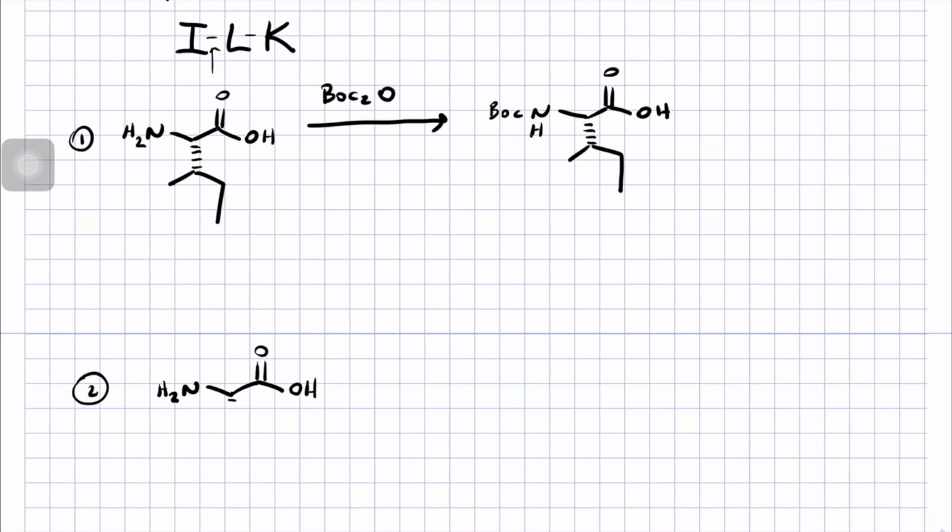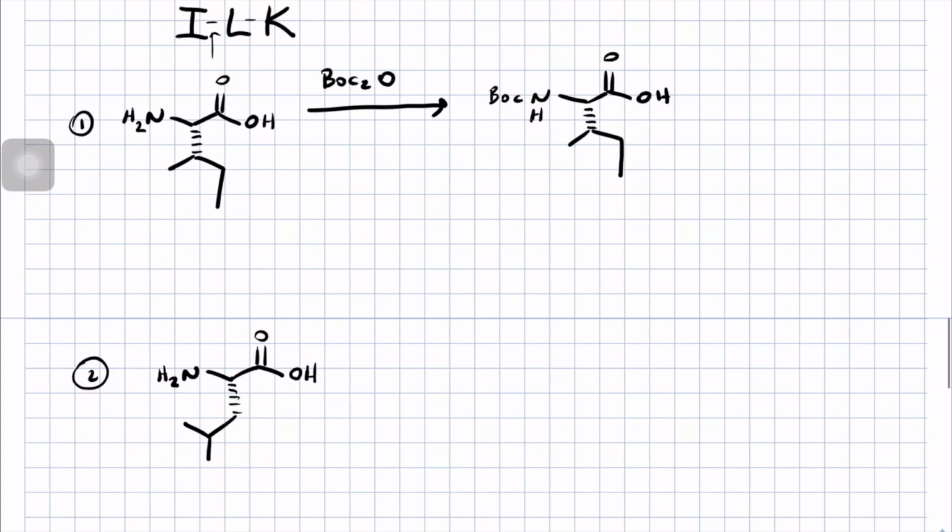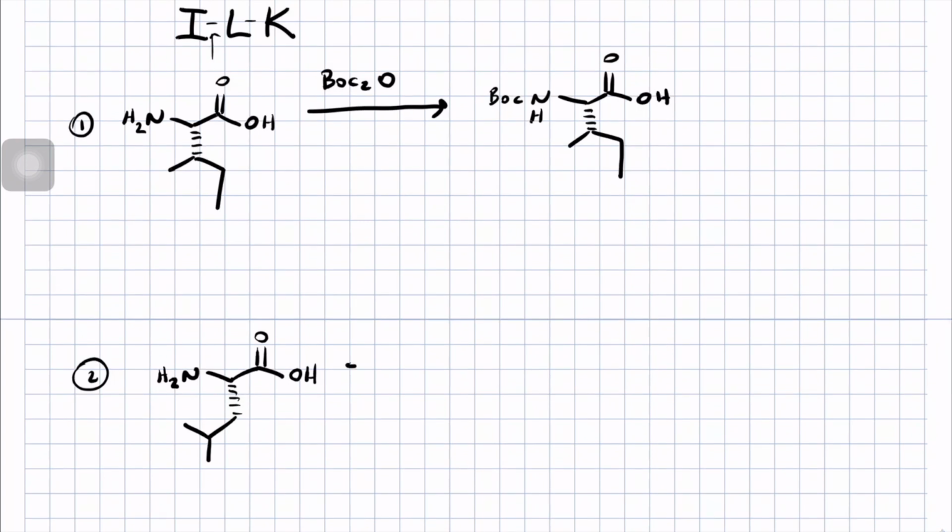I'm going to want to keep the amino group unprotected while protecting the carboxylic acid group so it doesn't interfere with the reaction. To do that, I'm going to use benzyl bromide. You can abbreviate it like that. We might need a base, but we're not going to worry about it. That will install the benzyl ester, which I'm again abbreviating.